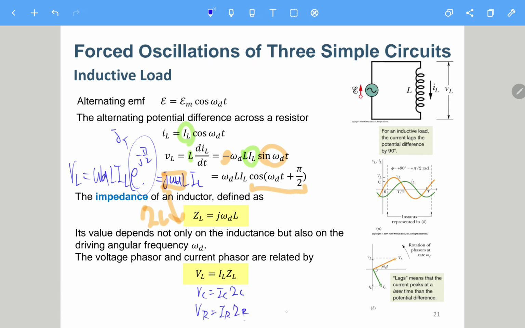Of course, this Z_R is nothing but R. This Z_C is 1 over j omega C. This Z_L is j omega L. So we need to make this transformation, and then finally we will get this thing. All of them look like Ohm's law, but with a complex number. So Z_L is a complex number, Z_C is a complex number, while Z_R is only a real number.